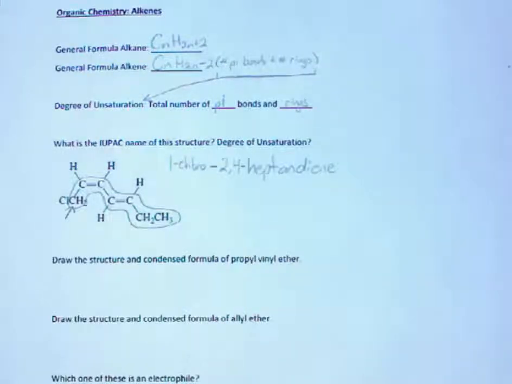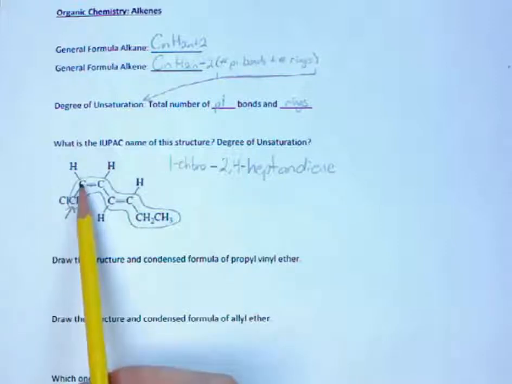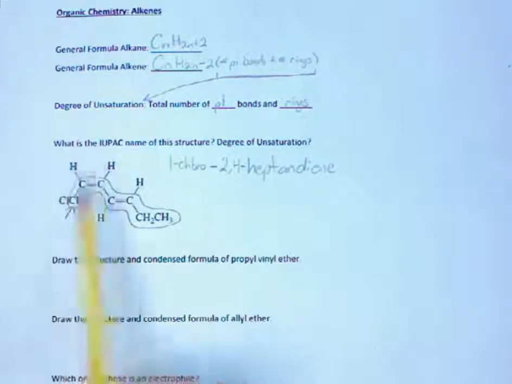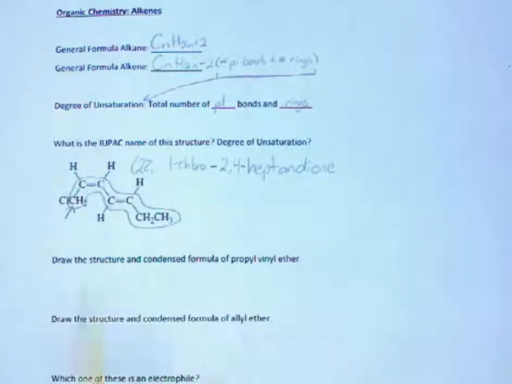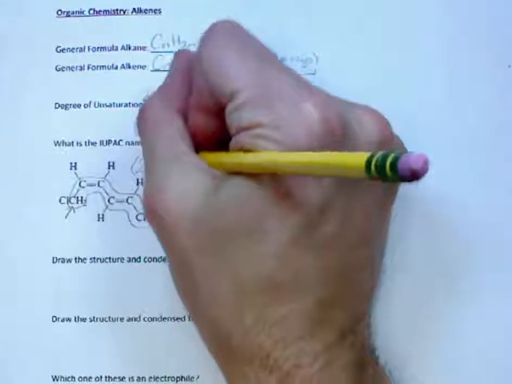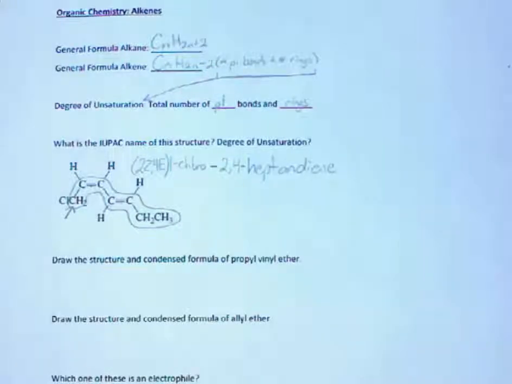Now we also need to determine from the name if these double bonds are cis and trans, or E and Z. This first double bond here at number 2 is cis, so it's going to be Z, and this one here is trans, so it's going to be E. So the total name is 2Z4E 1-chloro-2,4-heptadiene.